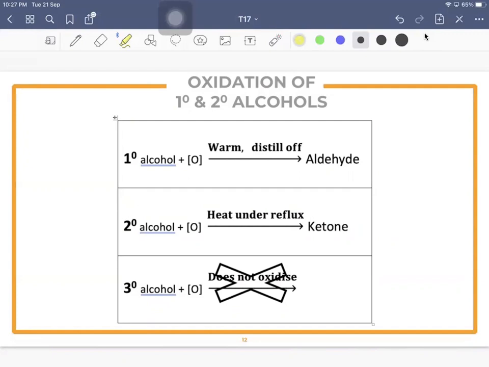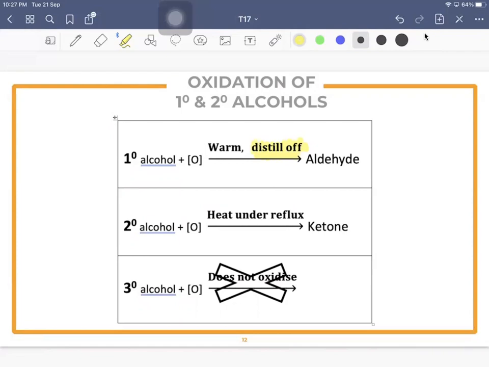You need to use a distillation setup, or we usually write it as distill off, because if you just treat your primary alcohol under reflux without any control to collect the aldehyde, it will be further oxidized into carboxylic acid. So this is something that you have learned already. Primary alcohol will be first oxidized to aldehyde. Aldehyde will then be oxidized further into carboxylic acid.